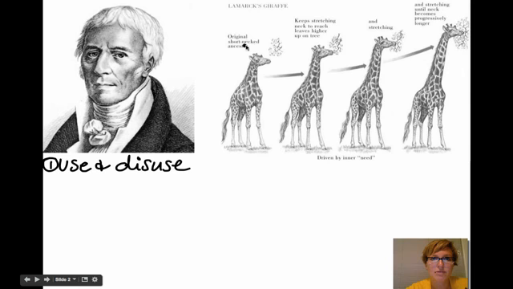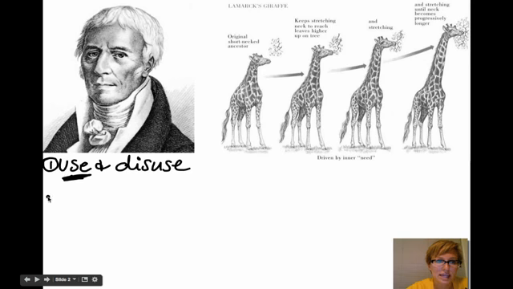Here we have an original short neck ancestor giraffe. Now, as that ancestor giraffe keeps stretching its neck to reach higher up the tree, it might stretch its neck throughout its lifetime. And he thought that if a parent giraffe were to stretch and lengthen their neck and use those muscles, that giraffe would then be able to pass that characteristic onto its offspring.